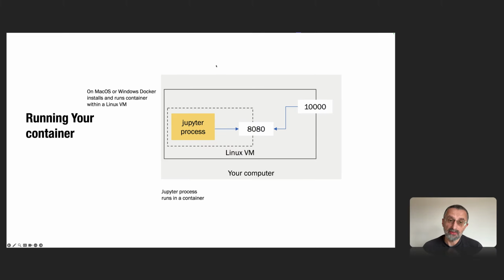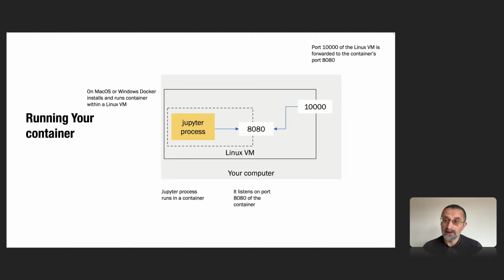So this is your computer here, and this is the Linux virtual machine, only for Mac and Windows. The Jupyter processes which we had in our sample Dockerfile run within such a container. Jupyter listens on port 8080 of the container. Obviously, if it's specified, but this is the default port.